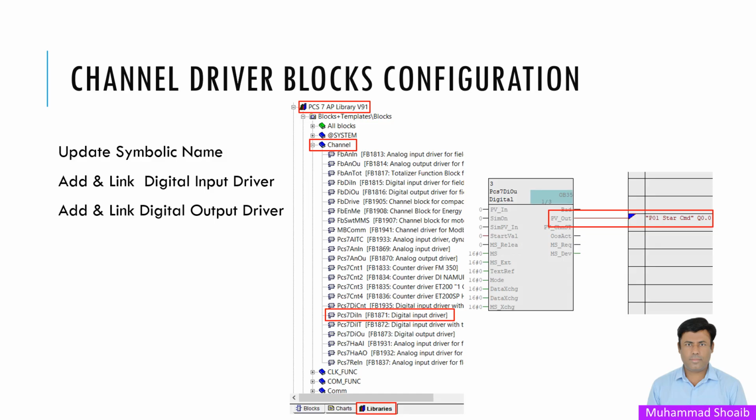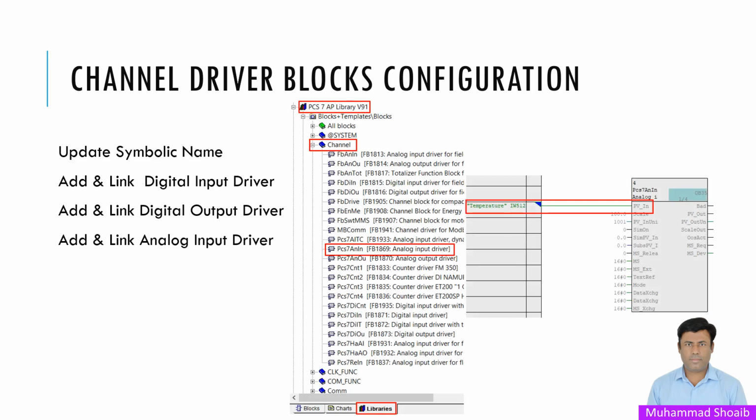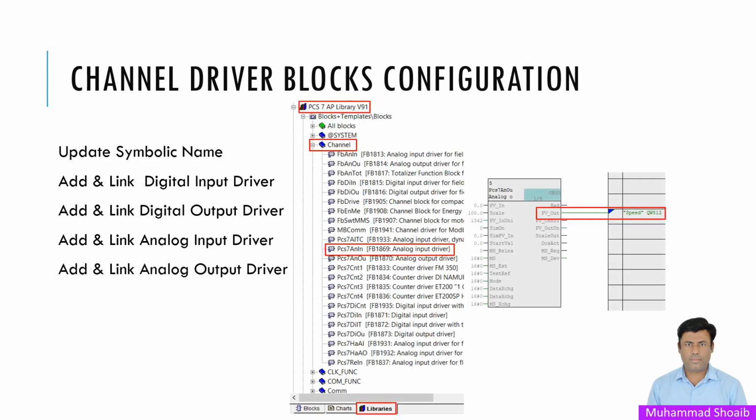In a similar manner, we will add and link the digital output driver in the chart, and then we will add and link the analog input driver, and in a similar manner we will also add and link the analog output driver.